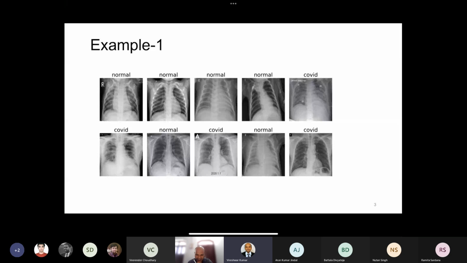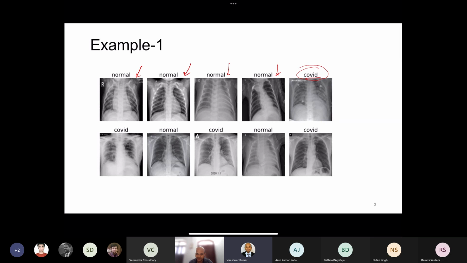Let me first give you an example of what our doctors do. When they look into the scan of the chest to identify whether you are infected with COVID or not, they look for some characteristics. I hope that none of us are infected currently, so they will see images like these.